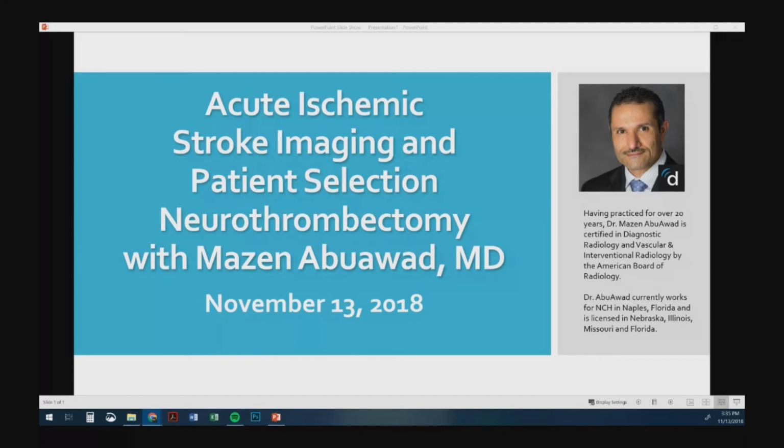But CTA is much quicker to do, it's readily available, more reliable and easier to look at. The only disadvantage is that with CTA you have to give contrast, which can affect the kidney function. The MRI or MRA, most of the time you can do with just time of flight, which is without contrast. So in a patient with renal function issues, I would definitely consider MRA over CTA.